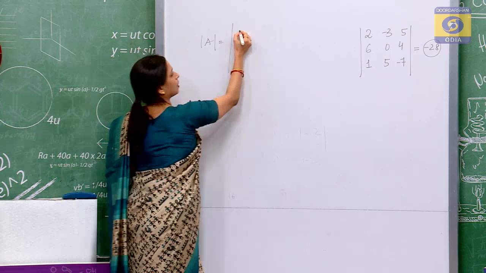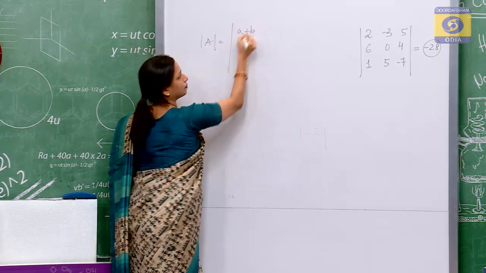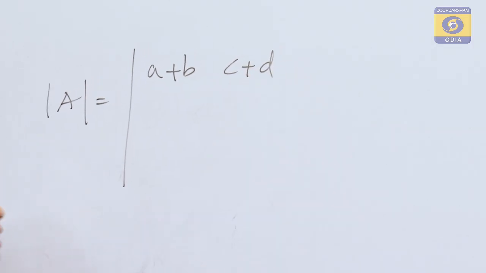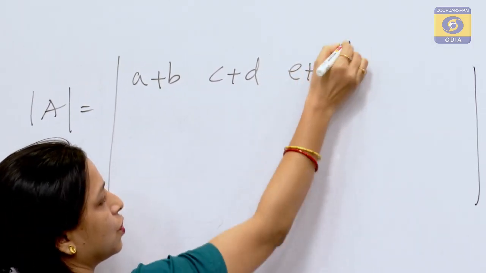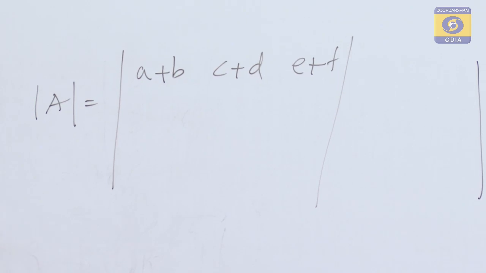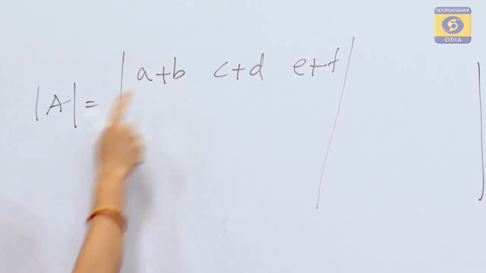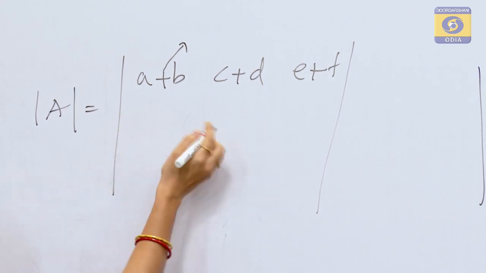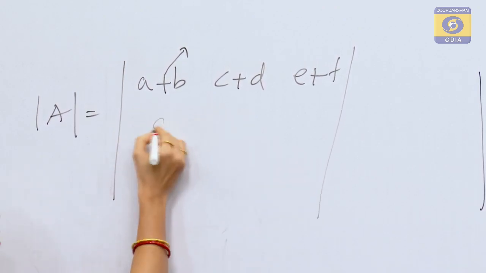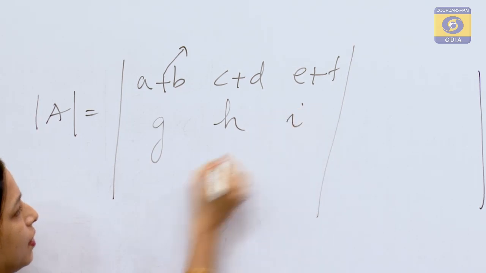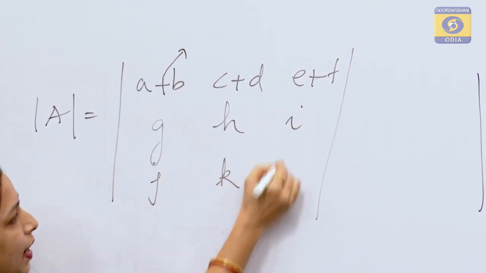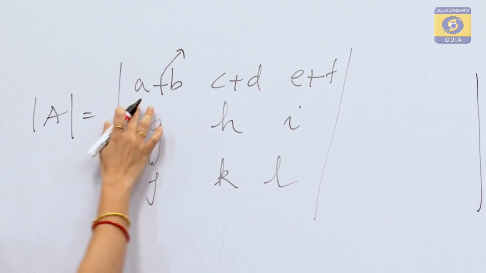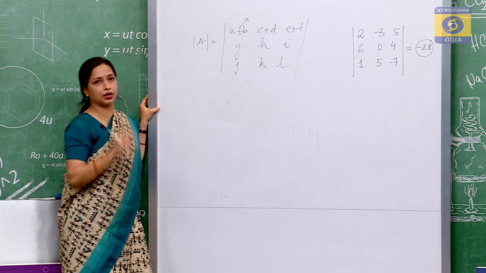Let us say A plus B, C plus D, E plus F. So, here in row 1 there are two terms in each element, and the algebra is plus. Now, the remaining elements are G, H, I, J, K, L. So, according to the property, you can split this into two determinants.